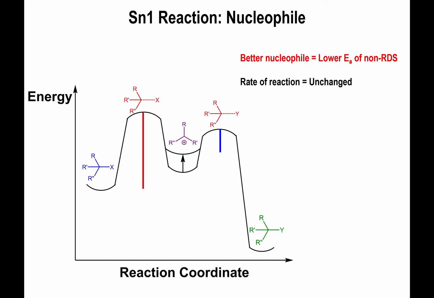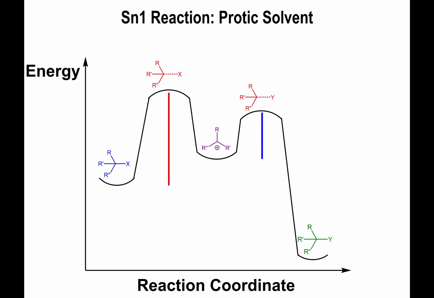But what we find is that because the nucleophile doesn't actually make an appearance until the second transition state, the one that is not the rate determining step, it doesn't really affect the rate of the reaction. It's just inconsequential, really. And so you really don't change much.